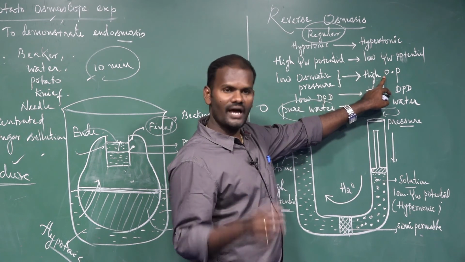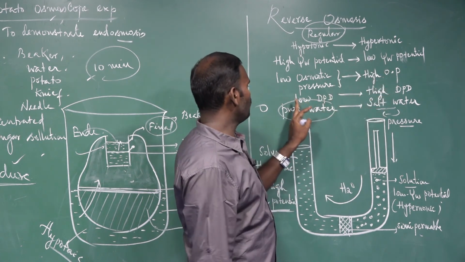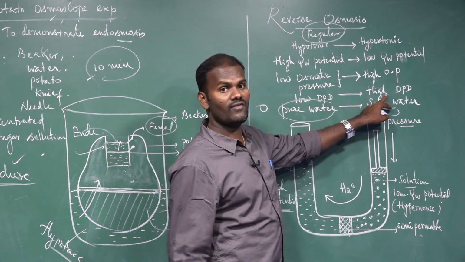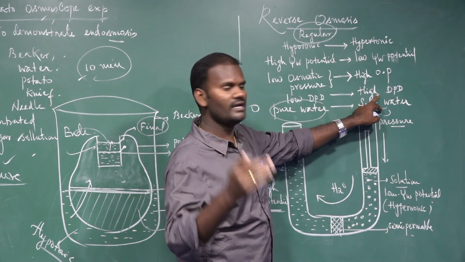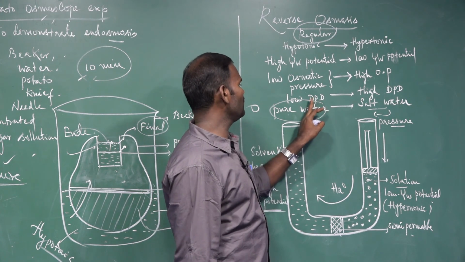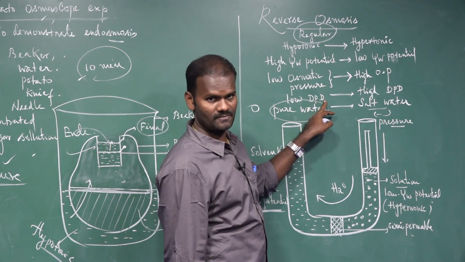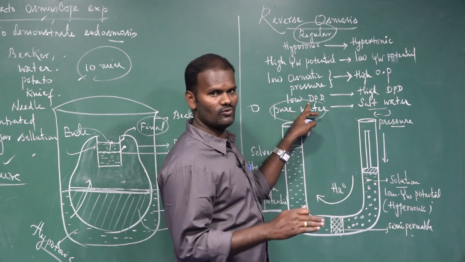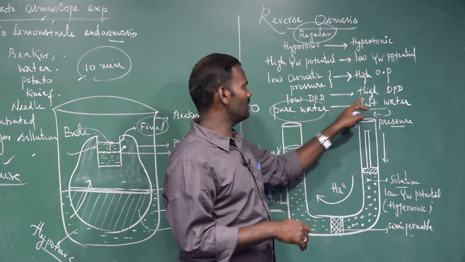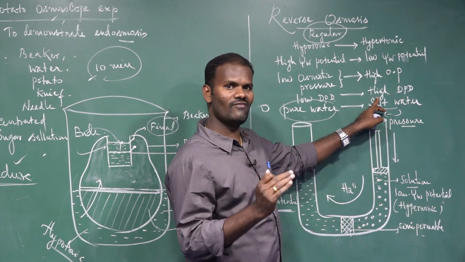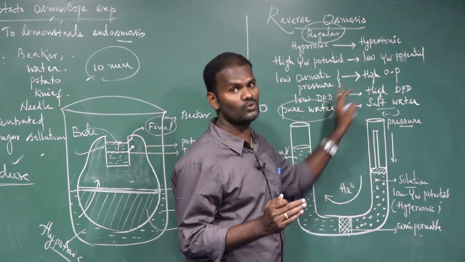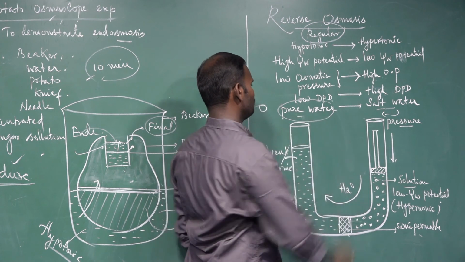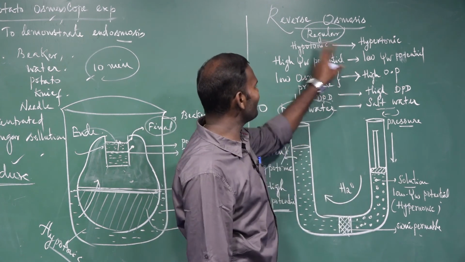Hypertonic always has high osmotic pressure, and water moves from low DPD to high DPD. DPD is nothing but diffusion pressure deficit. In a solvent or pure water, DPD is very low. If we add any solute particle, the DPD is high. So water molecules move from low DPD to high DPD. Next, pure water to the salt solution. It is a regular osmosis.